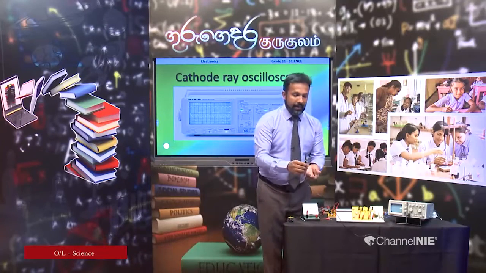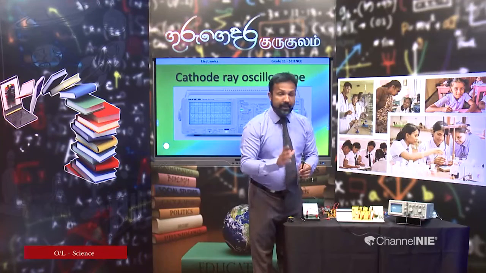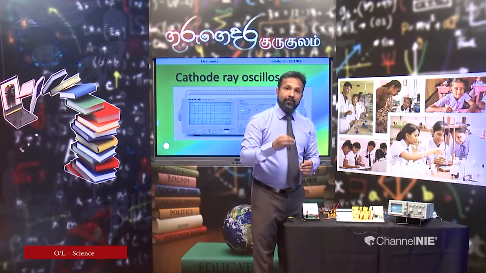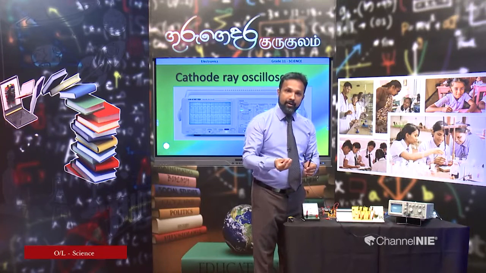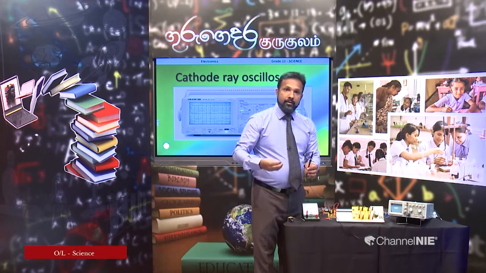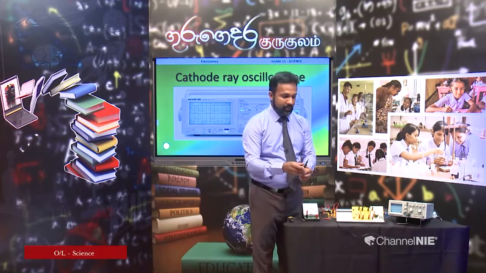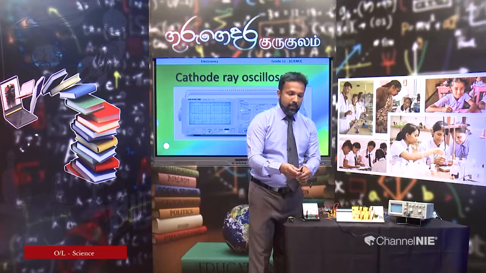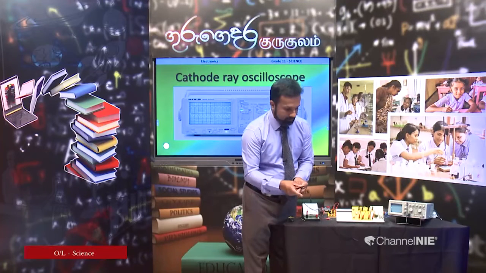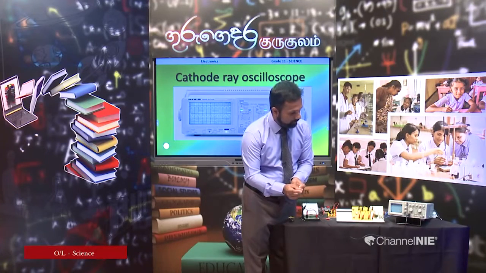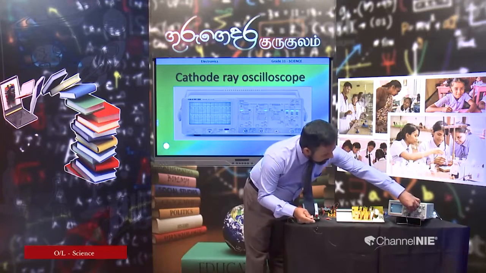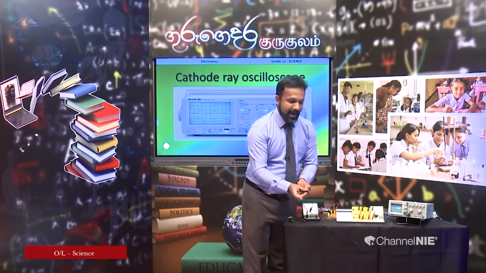Before connecting that, I would like to say you something. The cathode ray oscilloscope is a very sensitive instrument which can sense the current that generates within our body. Now you can see when I am going to touch this, a change takes place here. Why is that?